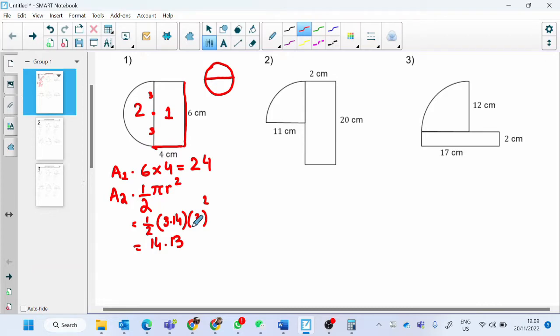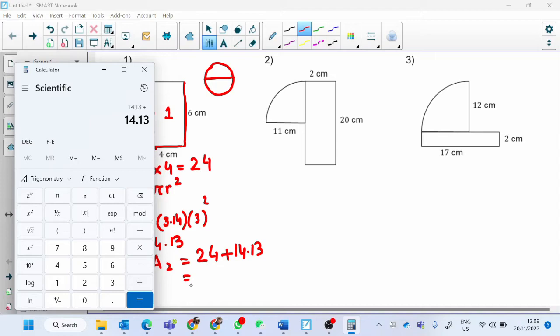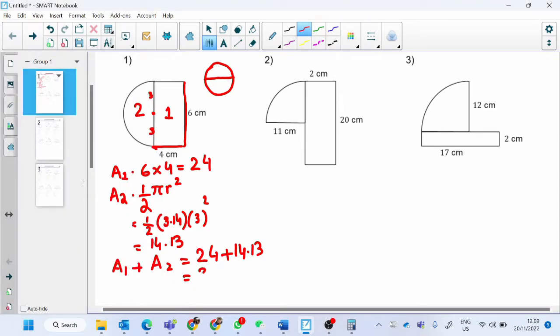The composite overall shape area will be A1 plus A2, which is 24 plus 14.13, and the area would be 38.13.